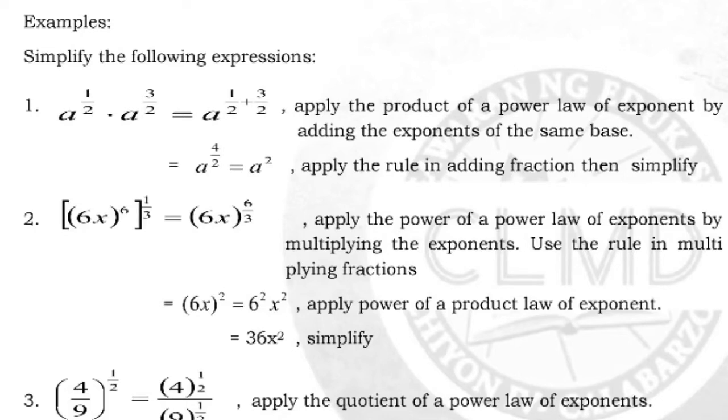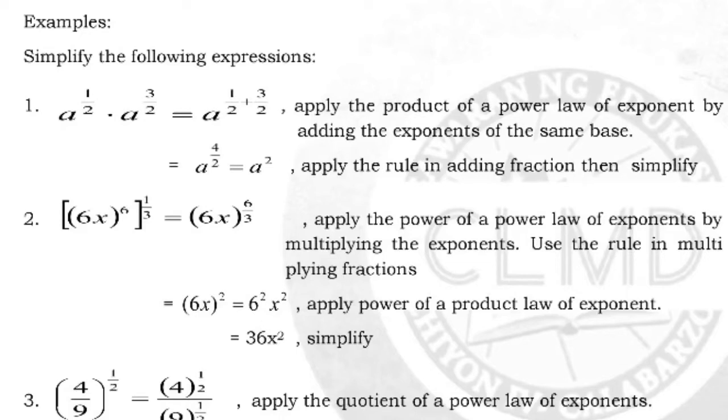Simplify the following expressions. Number 1, a to the power of 1 half times a to the power of 3 halves. Here, they have the same base, a. So we copy the base a, then add the exponents, 1 half and 3 halves.